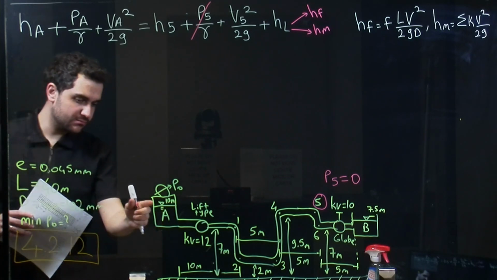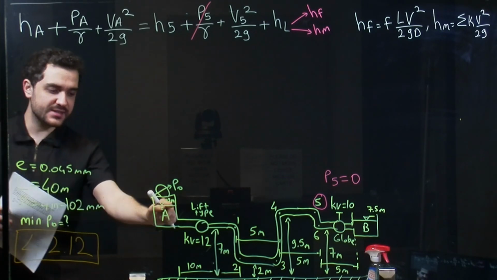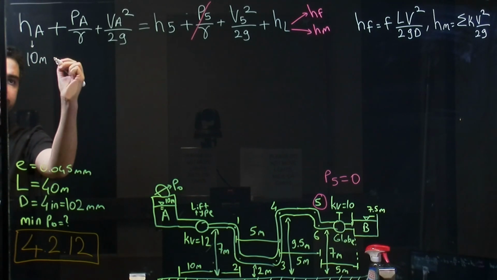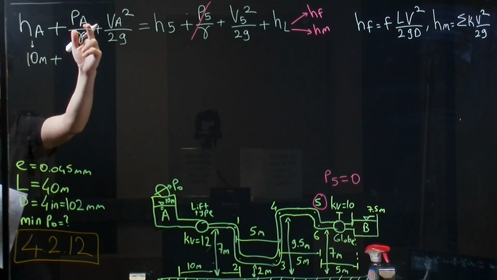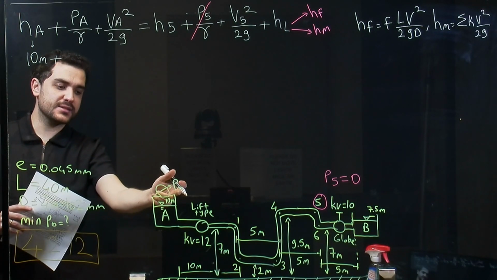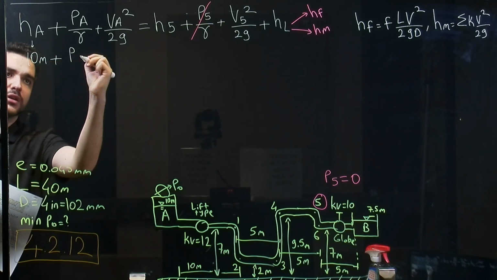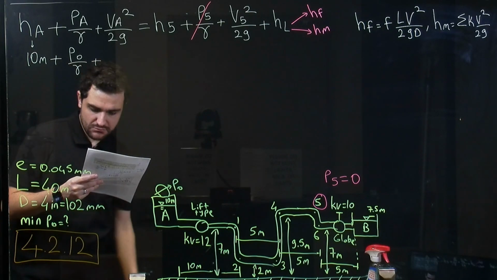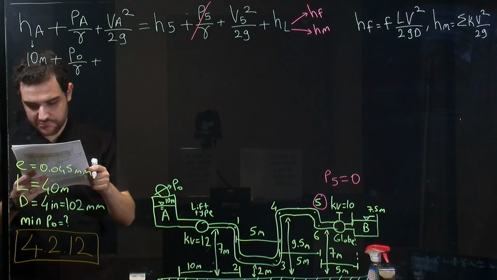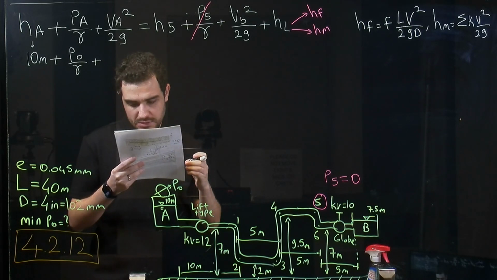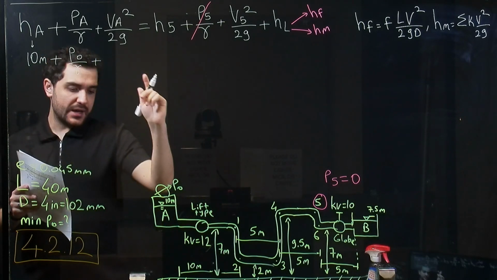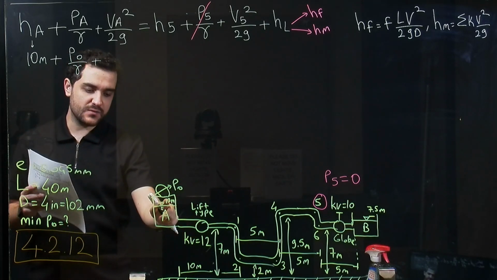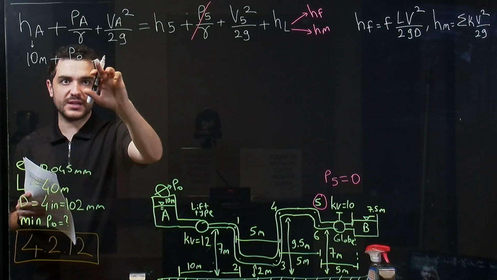And the elevation of reservoir A is 10 meters. And here the pressure at point A is PO, so I can directly write it. And actually the velocity will be 0 here because it's a large tank and we are considering the surface of this tank, so that it will be 0.